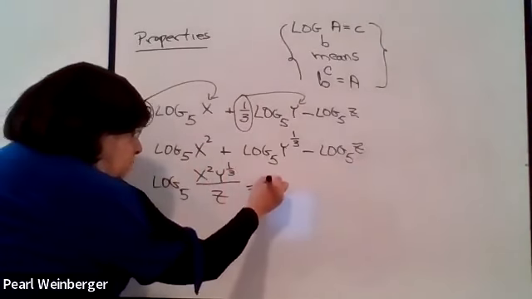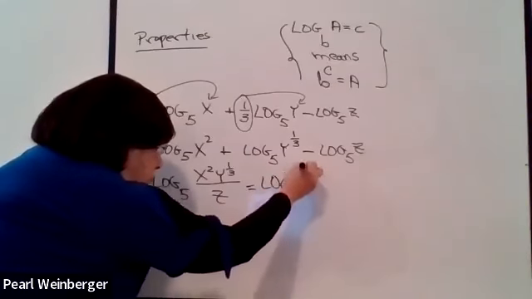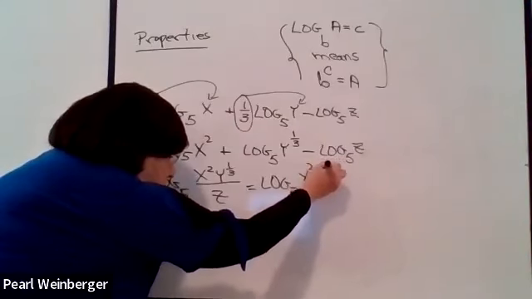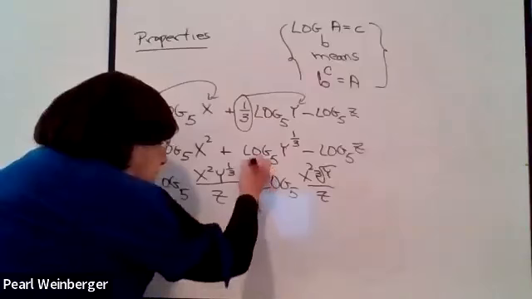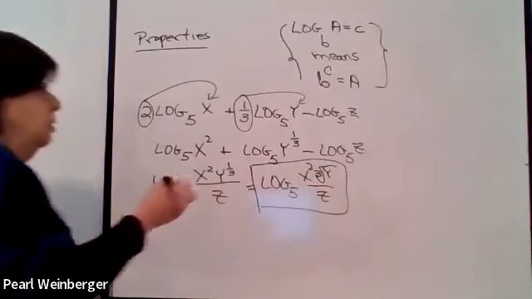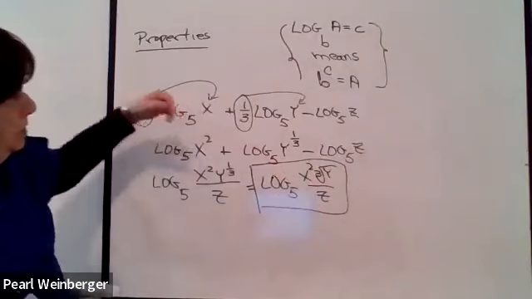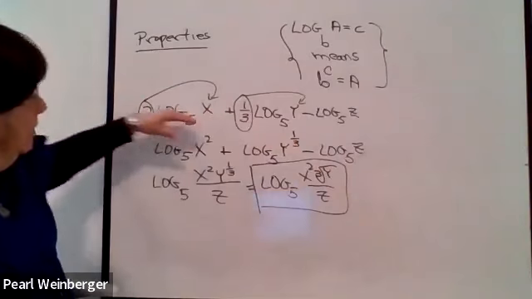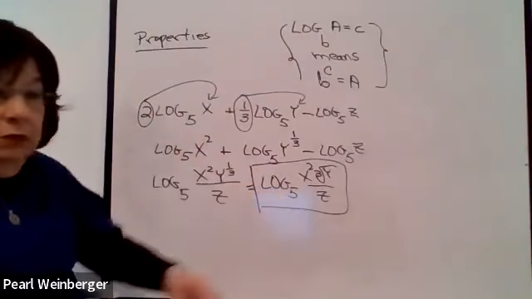So this can be written as log base 5 of x squared cube root of y divided by z. And this would be the example going backwards. This was the contracted version of this. They gave us the expanded version and wanted us to go back to the single log.